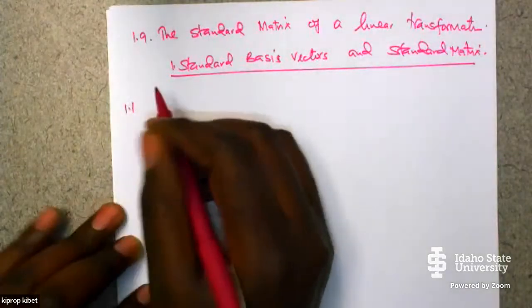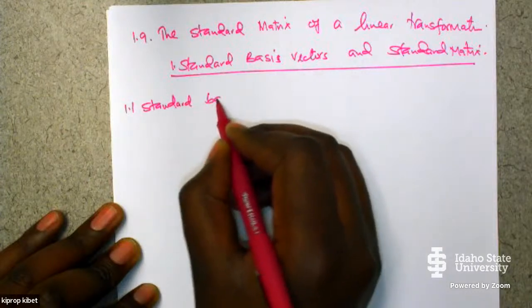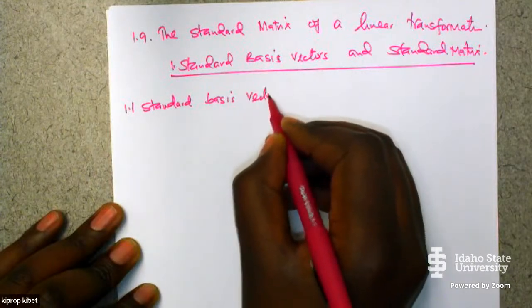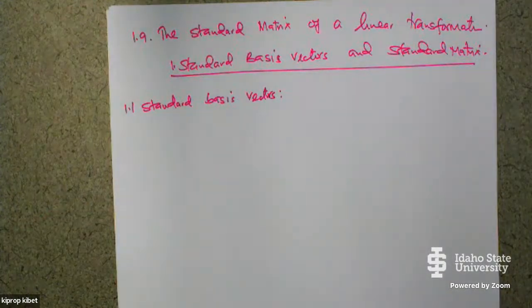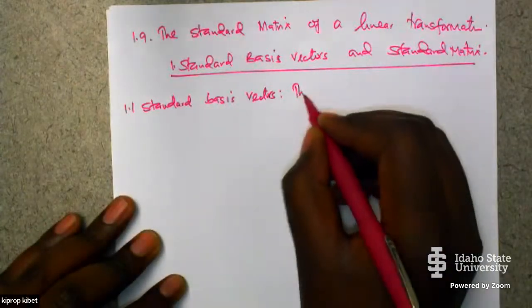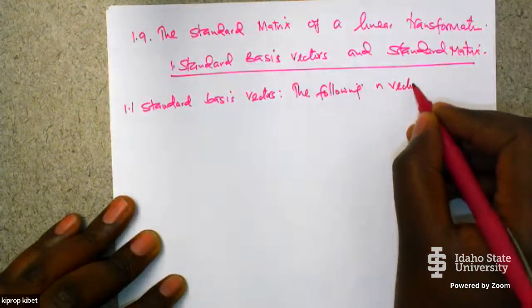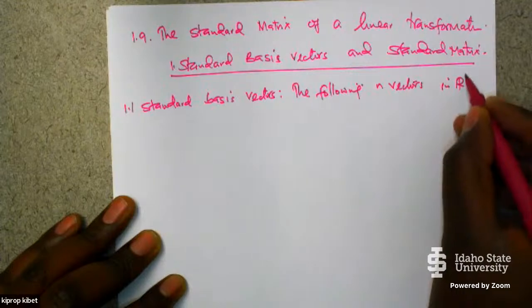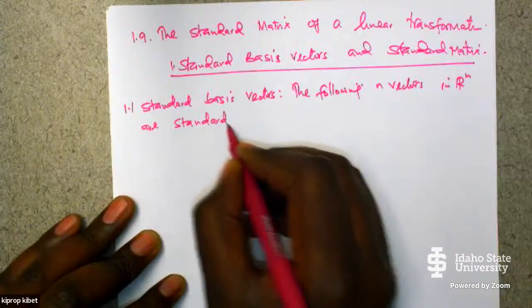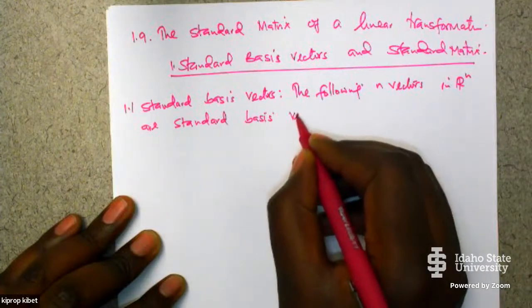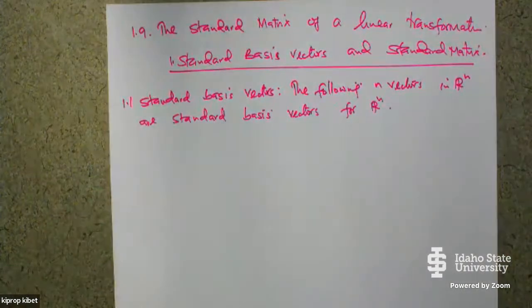Start from 1.1. What are the standard basis vectors? The following n vectors in Rn are standard basis vectors for Rn.